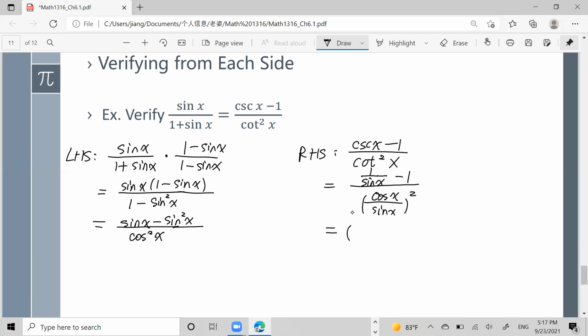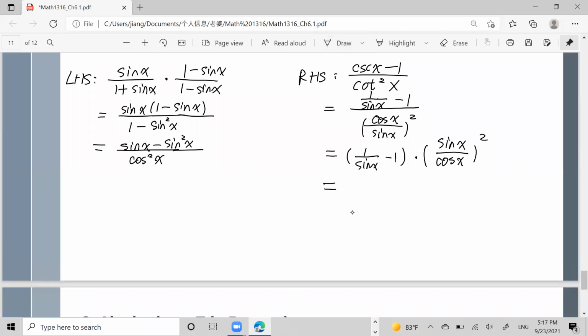That means 1 over sine x minus 1 times sine x over cosine x squared, and distribute this in the first expression.